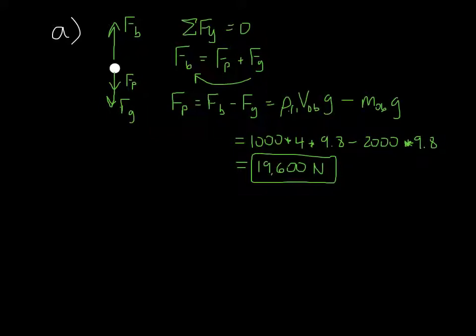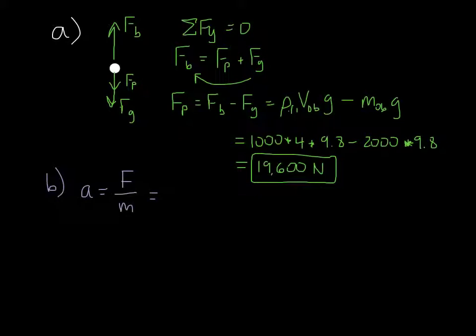For part B, what is the acceleration immediately after it's released? So we know that the log is going to start accelerating upward, so we can just use Newton's second law. A is equal to the net force over the mass.